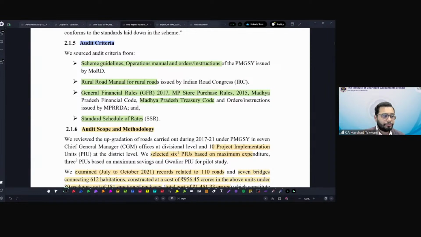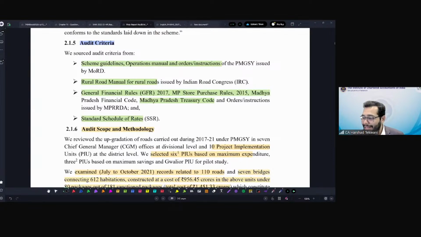Great. So basically we are clear with the compliance audit. That is, we are evaluating the subject matter against the applicable criteria in the compliance audit.